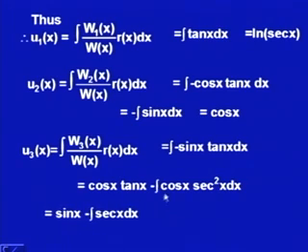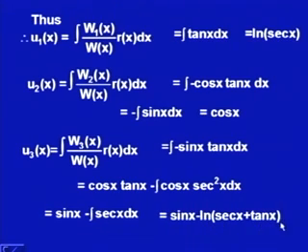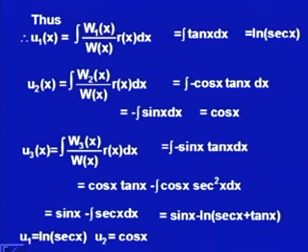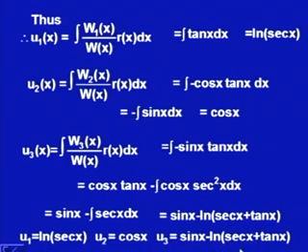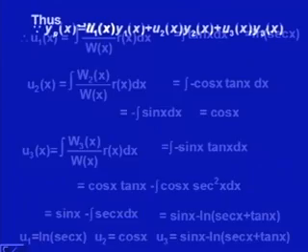Integral of this is integral of sec x dx. Integral of sec x is log sec x plus tan x. So, what we are getting is u1 as log sec x, u2 as cosine x and u3 as sin x minus logarithm of sec x plus tan x.